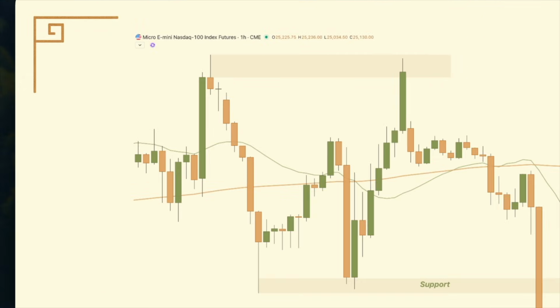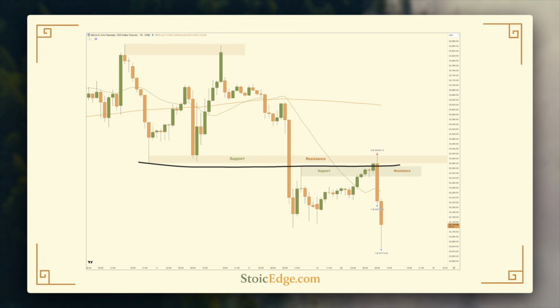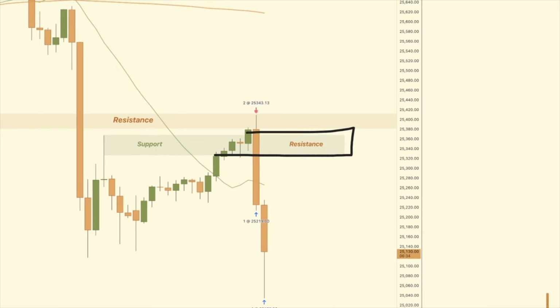So let's rewind for a bit because context is everything. If you looked at the hourly chart at the higher time frame, you would have noticed that last week we broke an area of support. So yet again, this resistance becomes a temporary support, but then when price breaks below it, it turns back to resistance.